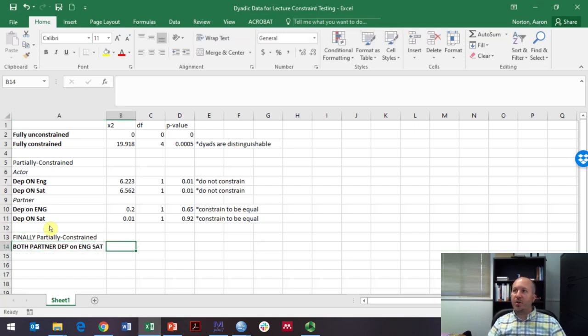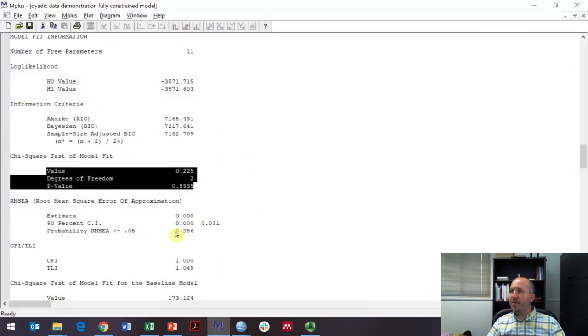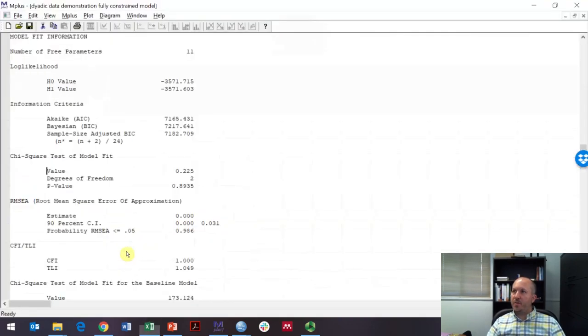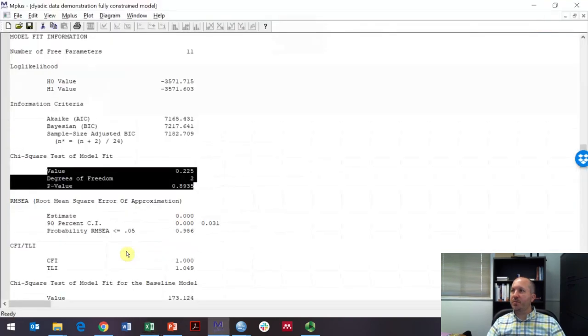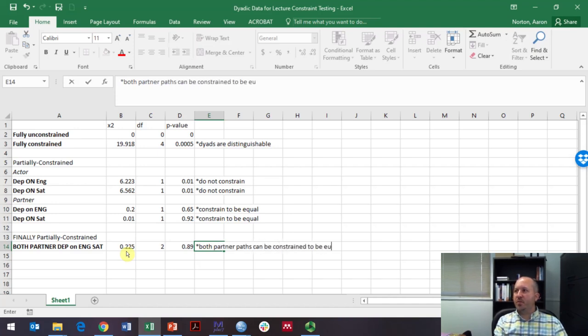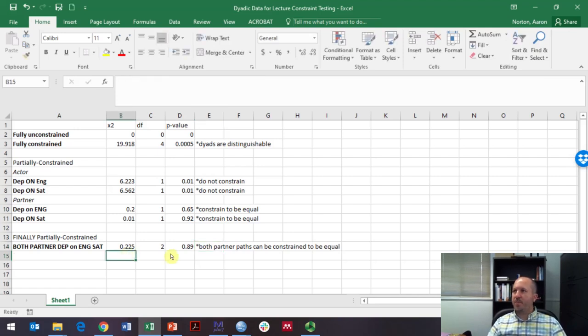My final partially constrained model I now have here, and it's 0.225 for my chi-squared, 2 degrees of freedom, and 0.89. So I'm going to put my little note in here that says both partner paths can be constrained to be equal. And I'm going to keep this for later on for when I'm writing up my manuscript.